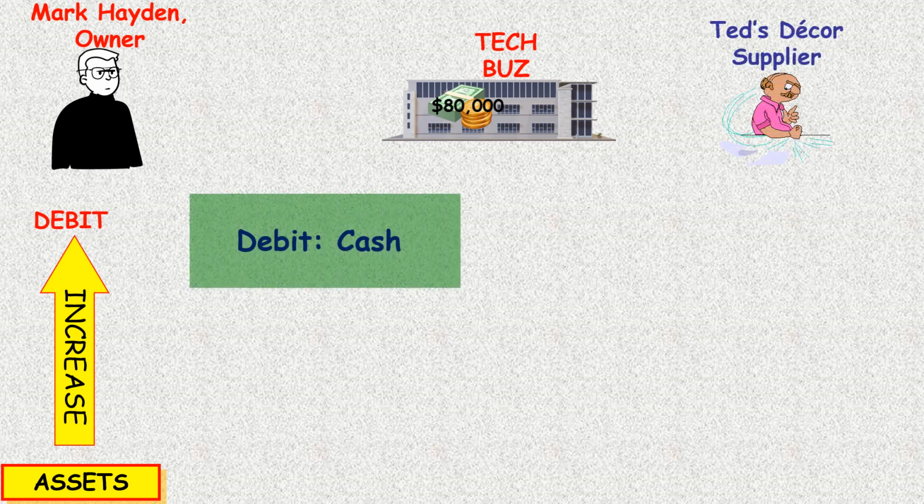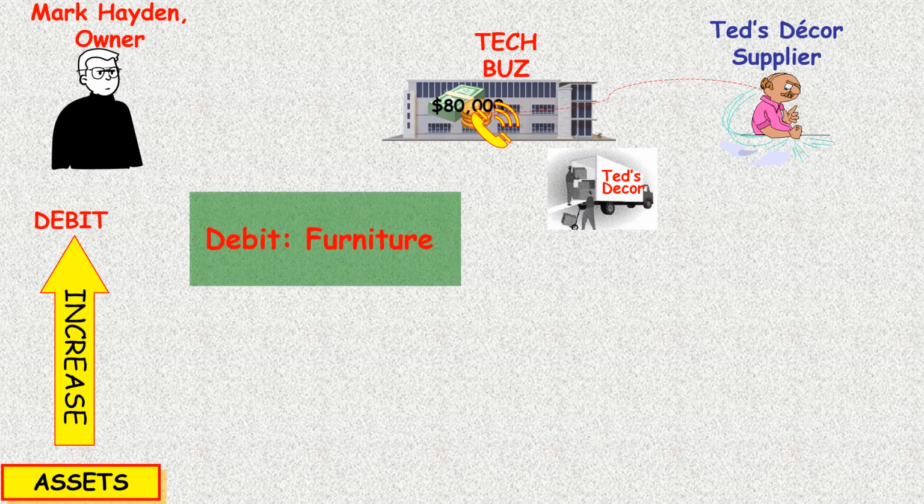Here's another example. TechBuzz is calling the supplier to order some furniture, and the supplier is getting the delivery ready, and soon TechBuzz will receive the delivery. So now TechBuzz receives those furniture items, and furniture is an asset. Assets increase in the business, so we will debit furniture.